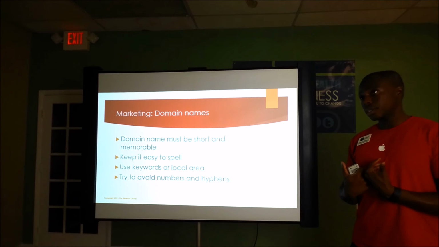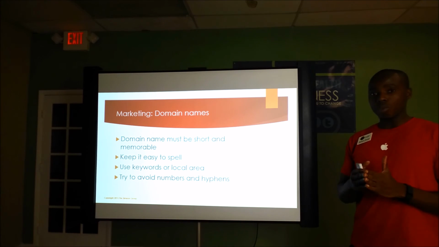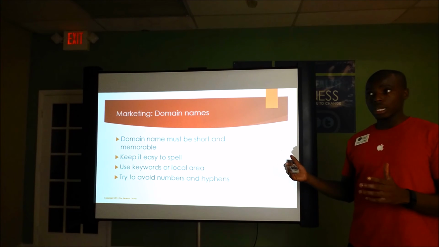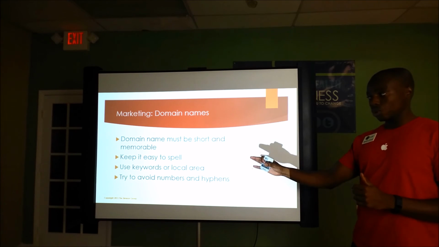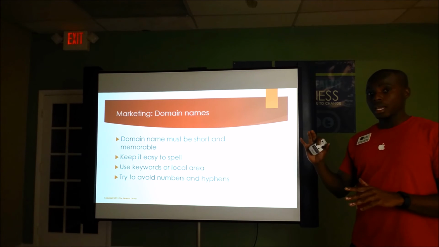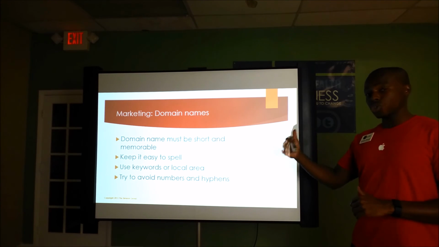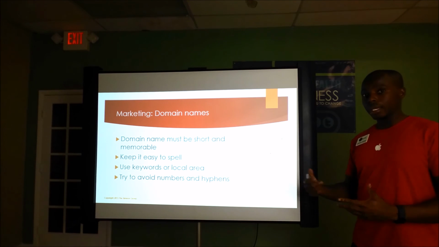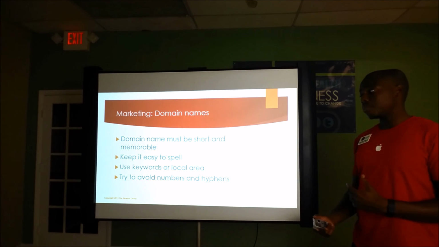I live in the city of Sunrise. If I sold shoes, I would use the domain name Sunrise Shoes. This can be different from Glad Shoes or Vladimir Shoes or a different company, but every time someone types in shoe store in Sunrise, my URL or my web address will pop up.